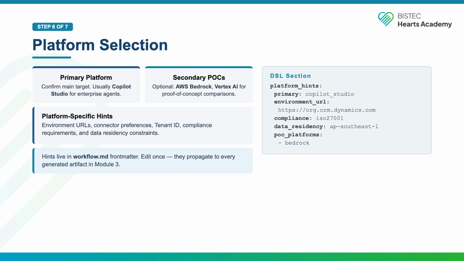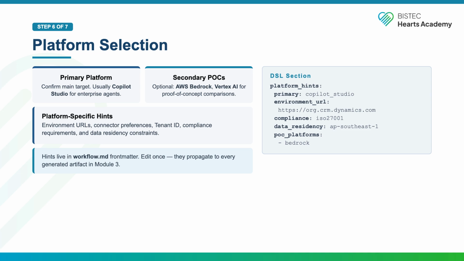Platform-specific hints are the operationally important part of this step. You capture the environment URL, tenant ID, any connector preferences, compliance framework requirements, and data residency constraints. For Copilot Studio, the environment URL is the Dynamics 365 CRM URL for your tenant. For compliance-sensitive deployments, you note the relevant standard, ISO 27001, SOC 2, whatever applies.